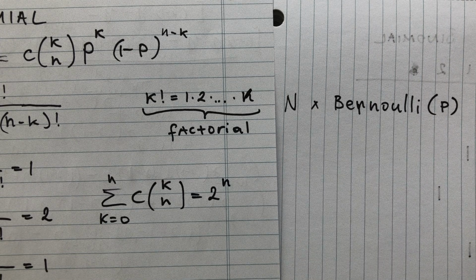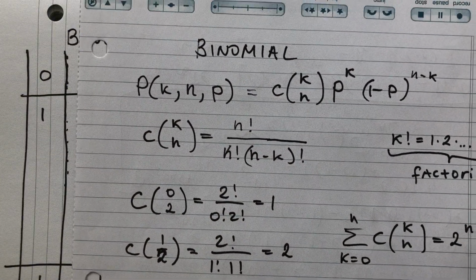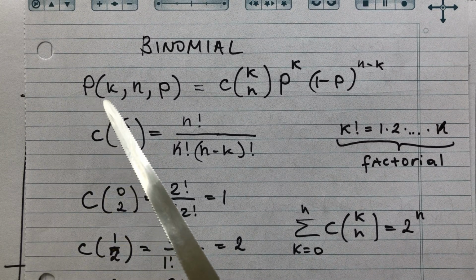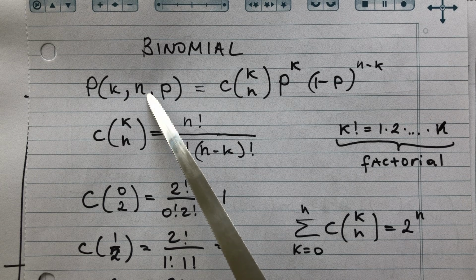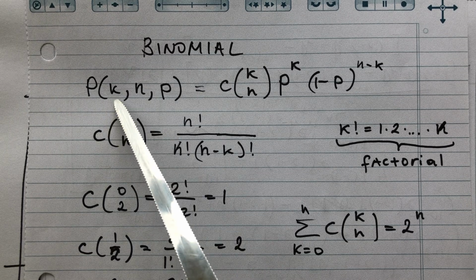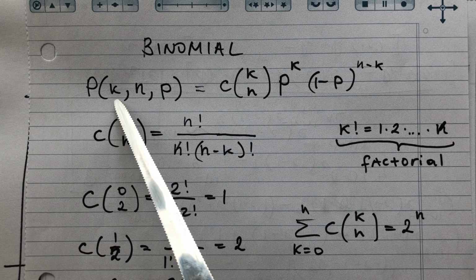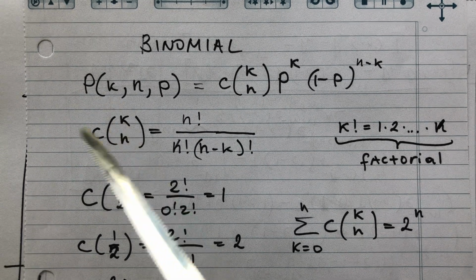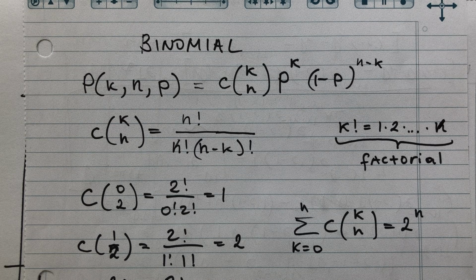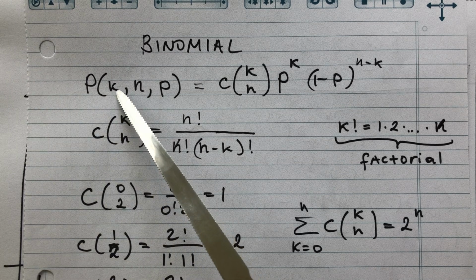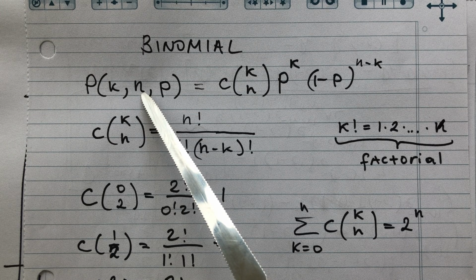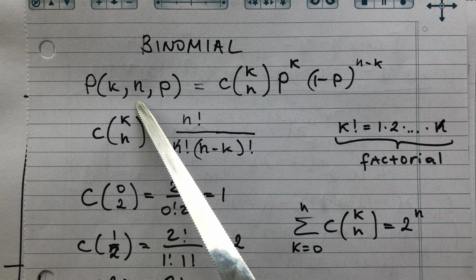How do we model it? We model it with a binomial distribution. The number of Bernoulli trials is n. The number of outcomes we were expecting is k. So in the case of coin tosses, this would have been the number of heads in n coin tosses.